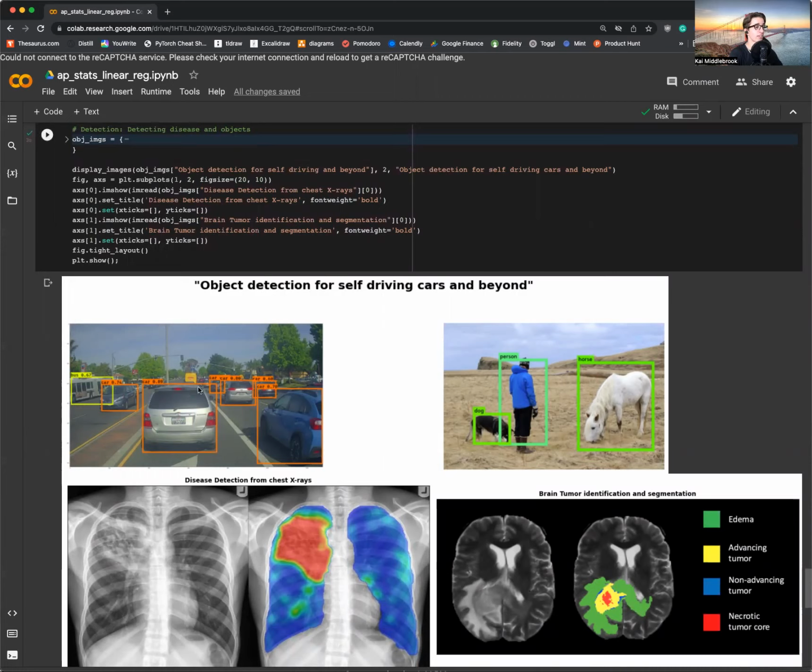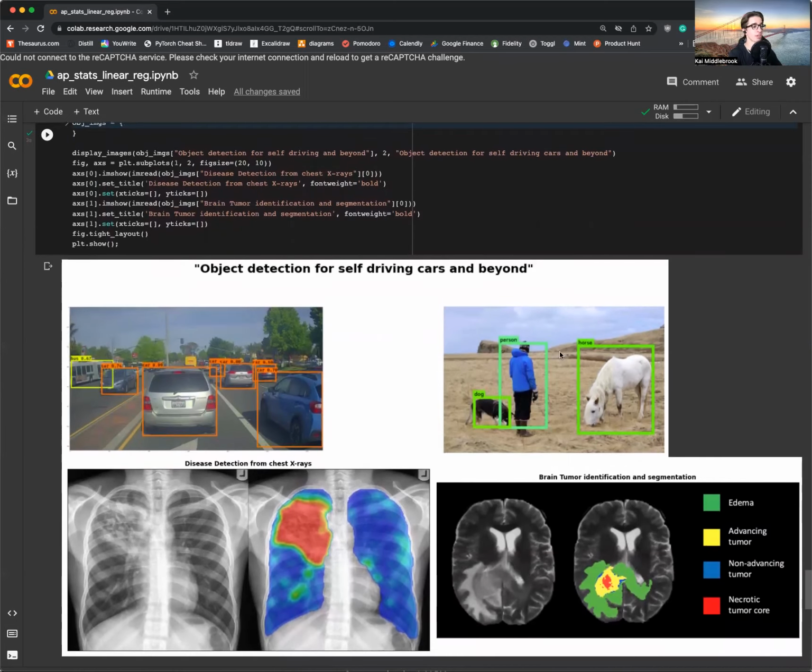So it's able to identify the positioning and the type of object that's in front of it. It sees that there are several cars in front of it. There's a bus over there, right? And then in this other example, the machine learning model sees a dog, a person, and a horse all in front of it, which is pretty awesome.